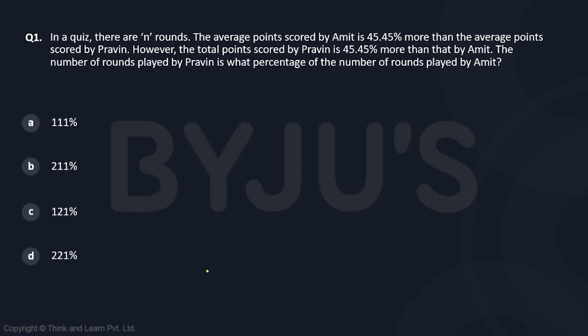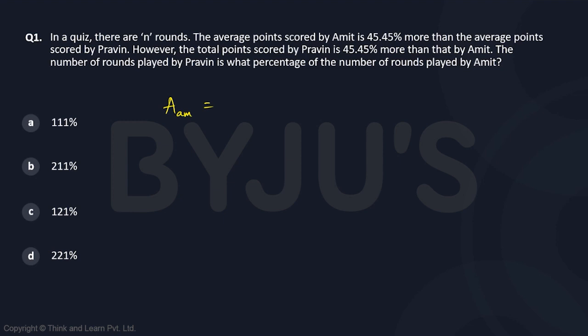The first question coming your way is basically a question on averages. This is not a very difficult question at all. It's not exactly a sitter, but yeah, it's an easy question. So let's say the average point scored by Amit is 45.45% more than the average point scored by Praveen. 45.45% means which fraction?